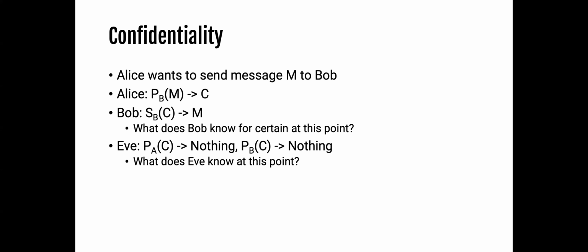Eve should not be able to decrypt this message, even though Eve knows both public keys. Eve doesn't know anything about the plaintext, and this is good. This is what we call confidentiality. Alice and Bob keep the confidentiality of this specific message, and no one other than Alice and Bob will know the plaintext.